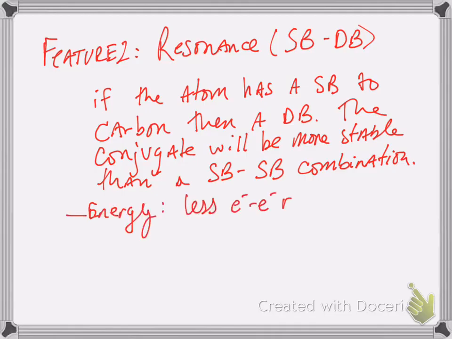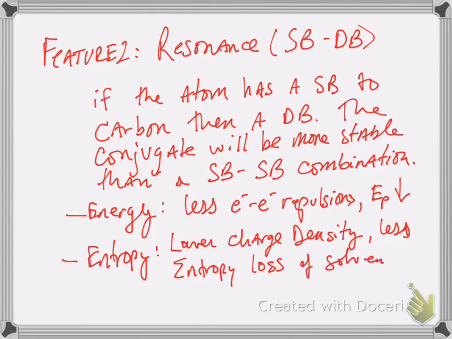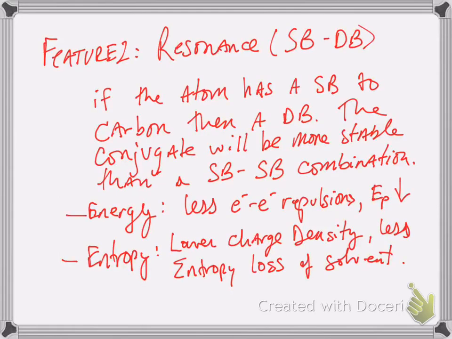This is due to the reduction in electron repulsions, making potential energy go down, making it more stable. And then the entropic reason is lower charge density, less entropy loss when the charges go into solution, so it's always going to be more stable with the delocalization of charge.